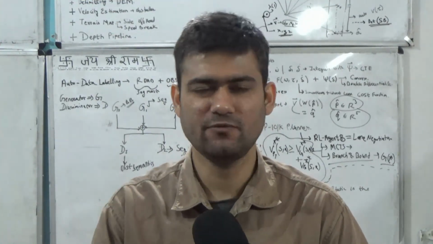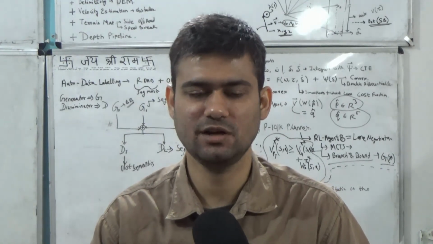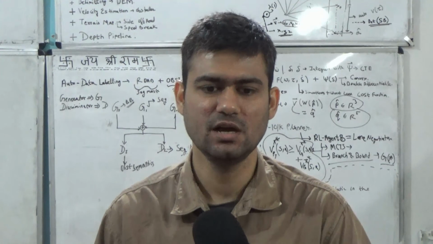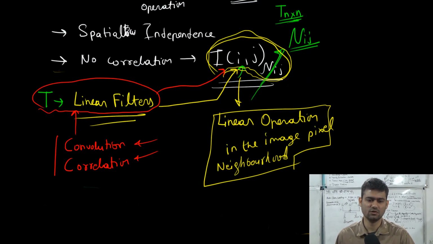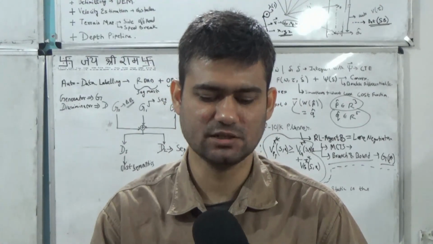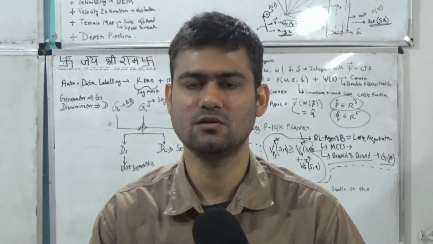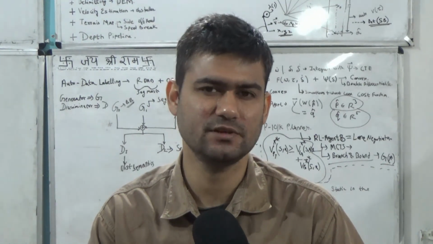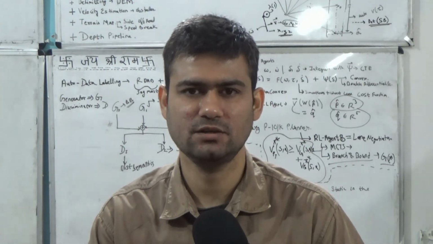That's why you would have heard the term convolutional neural networks. It means that the operation being performed is a convolutional operation, and we'll see what is convolution and what is correlation in 2D images. So next we'll briefly consider both convolution and correlation, and we'll give the subtle difference between them as well.